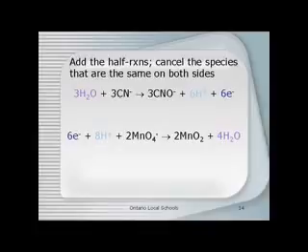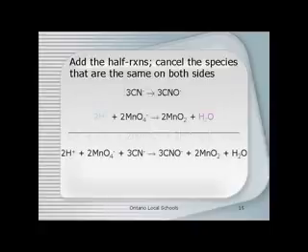The 6 electrons that are on opposite sides can be canceled. We have 8 H plus on the left-hand side of these reactions and 6H plus on the right-hand side. So we can cancel the 6H plus and leave 2H plus on the left-hand side of this reaction. I think everything else is non-cancelable, and let's see what that looks like when we do it.